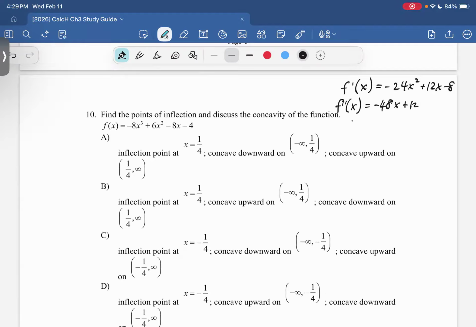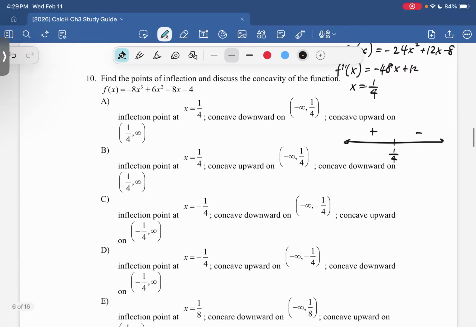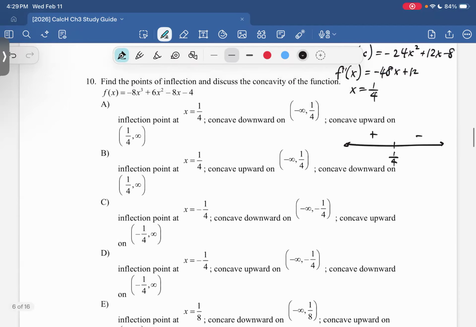So that means we have a point of inflection at 1/4. And we're going to want to test this on the number line. If you do, you should find that we go from plus to minus. So that means we should be looking at choice B, concave upward and then concave downward.